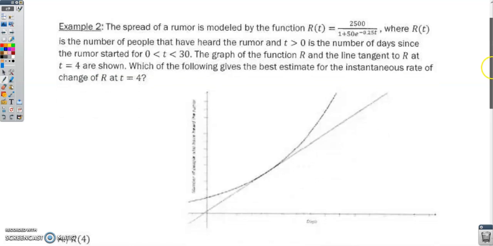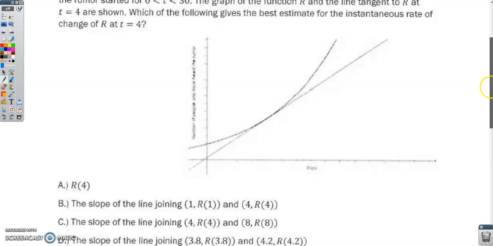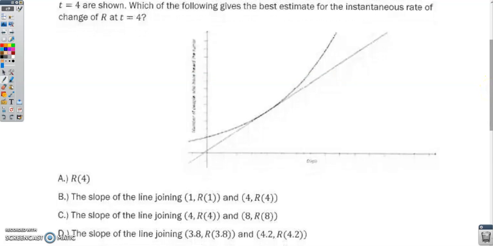We'll slide down here a little bit so that we can see our graph and our answers. The graph gets a little blurry here. Sorry, the quality is not the greatest. But what we're doing is estimating the instantaneous rate of change right here at 4.